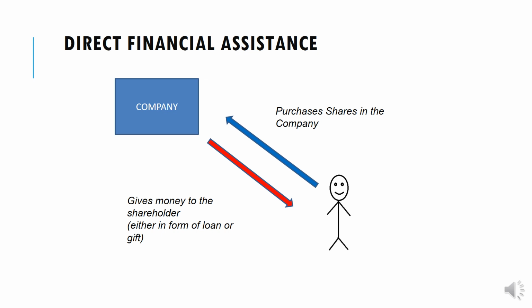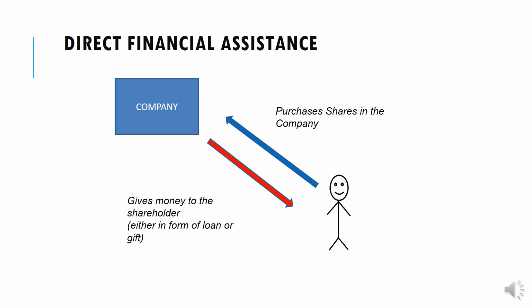This company has 100 shares, they have 100,000, and then they take this 100,000, give to this person, to purchase new shares, another 100 shares from their company, but they are the one who give the money to this person. Ask this person to purchase shares in the company. Alright, so this is direct financial assistance.